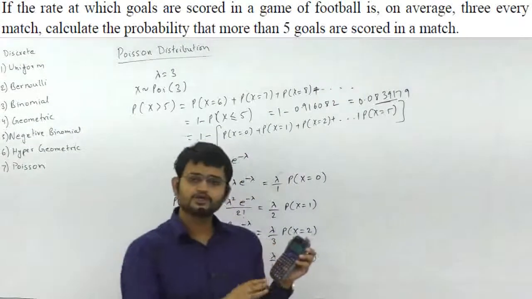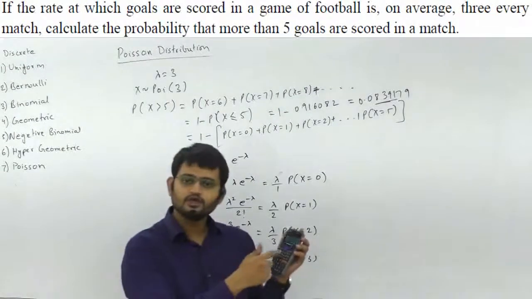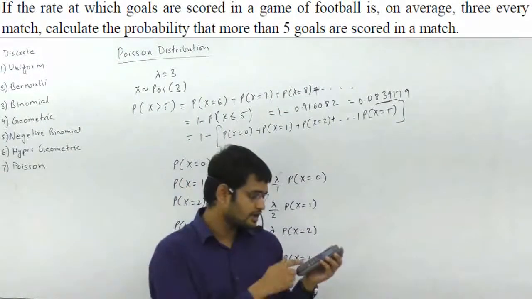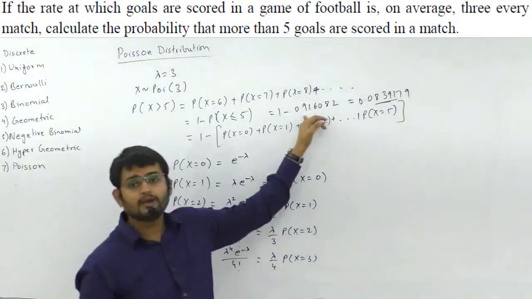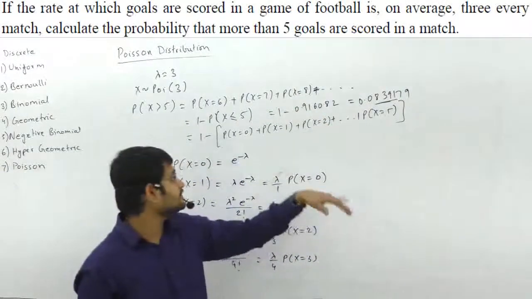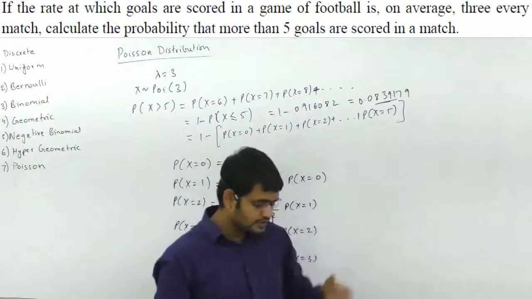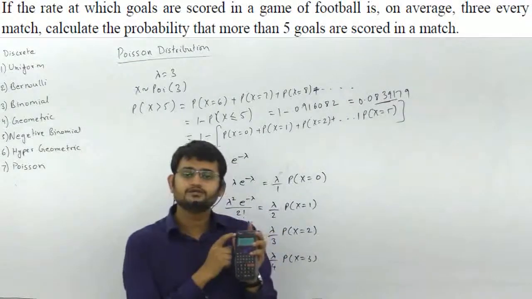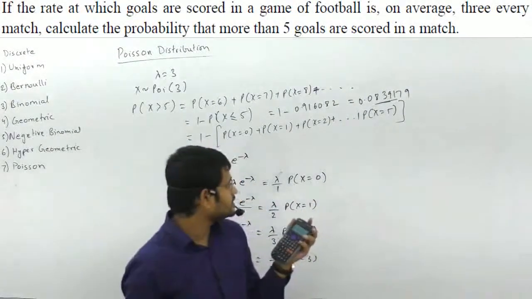So make sure that none of the other values are to be used again, and only then clear that M. If the last value was already stored in M and then I use M plus and so on, it will add those values to this particular value. So don't do that. Always make sure whether your M is cleared or not just by looking at the above line of your calculator.